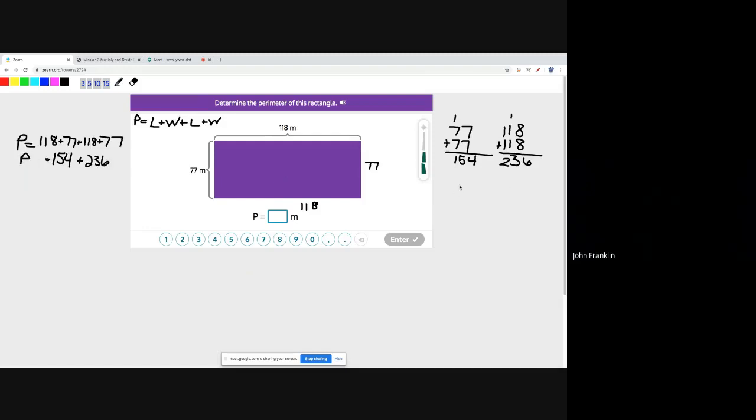Let's continue over here on our scratch sheet. 236 plus 154. 6 plus 4 is 10. 1 plus 3 is 4. 4 plus 5 is 9. 2 plus 1 is 3. So according to our math, our perimeter should be 390 meters.